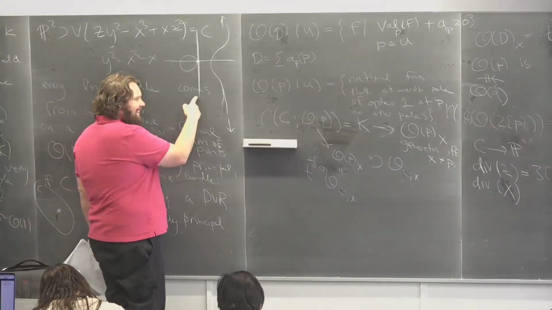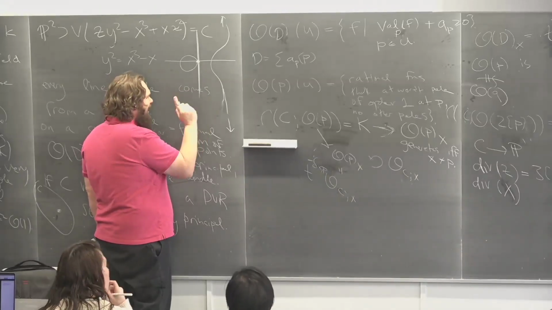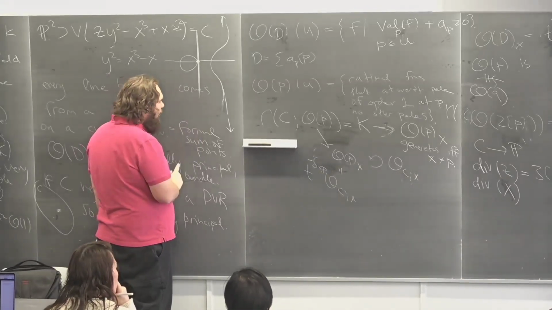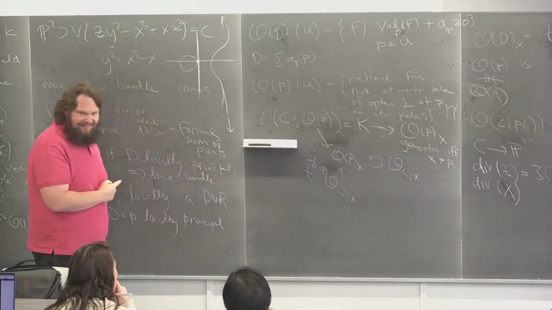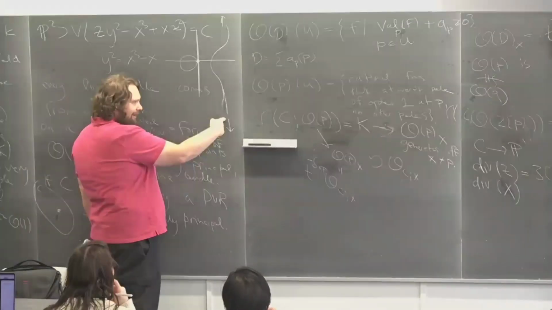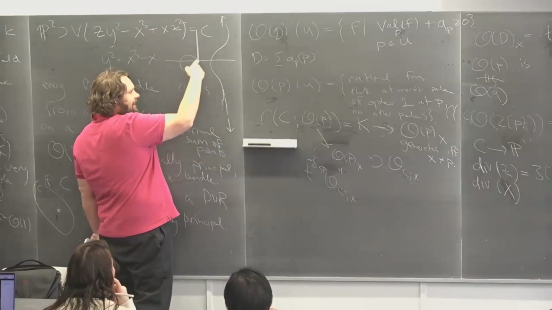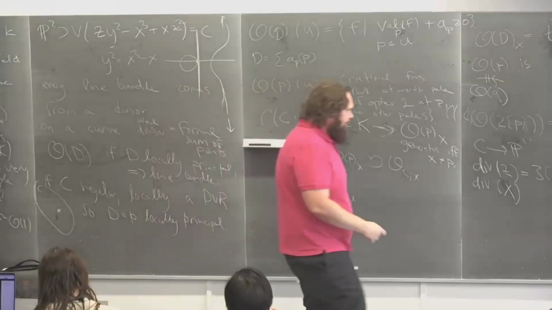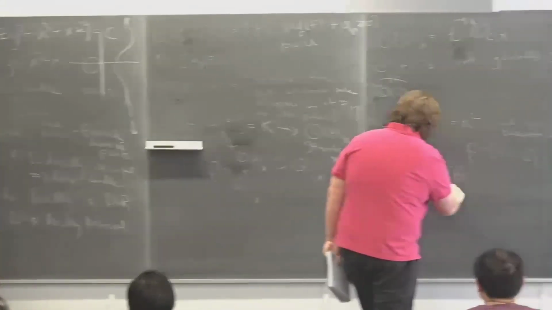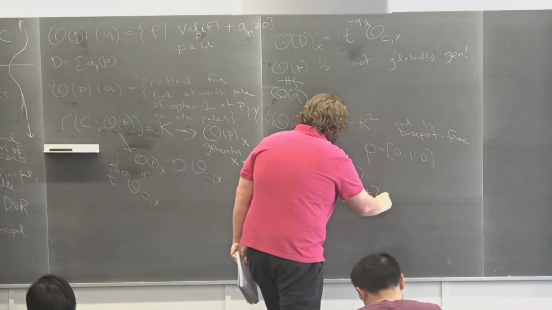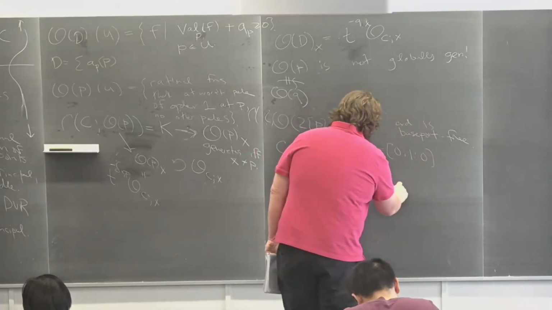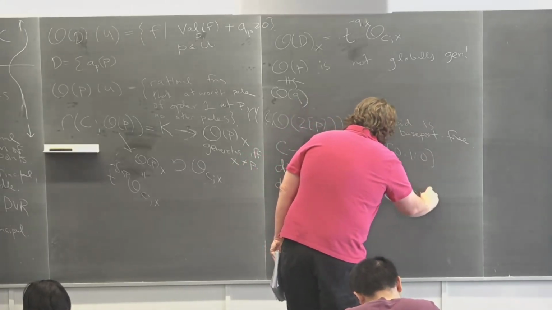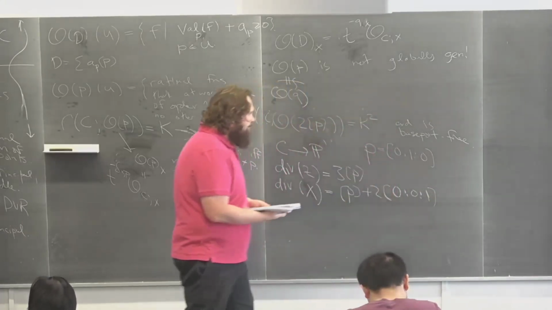So the x-axis has a point of intersection of order 1 with the line at infinity, and it's exactly at this point. And it has an intersection of order 2 with the curve here because it's a tangency. So I get P plus 2 times the origin, which is 0, 0, 1.